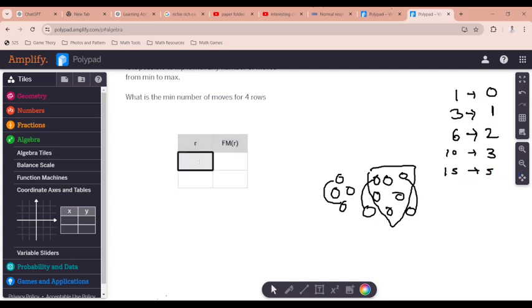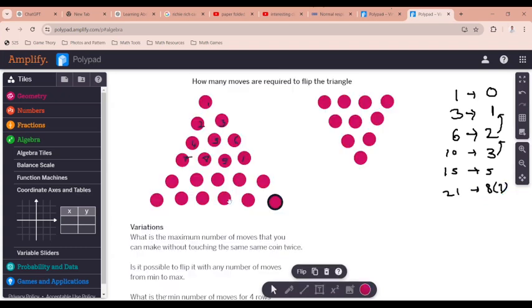So it is something like this: 2 plus 1, 3, 3 plus 2, 5. How can we be sure whether this is the minimum number of moves?